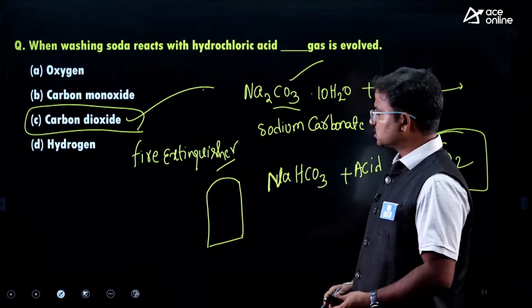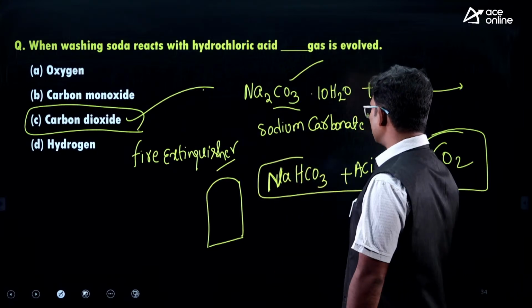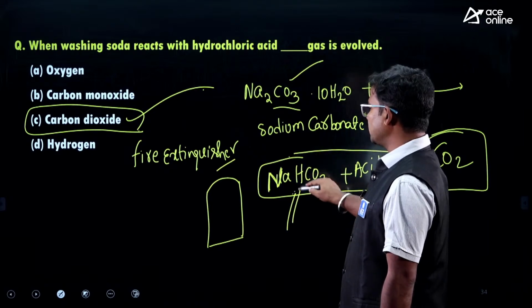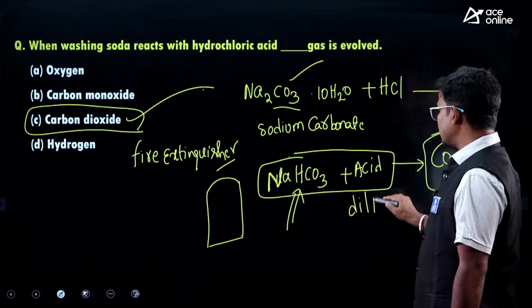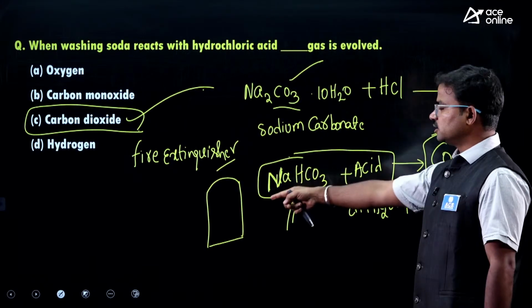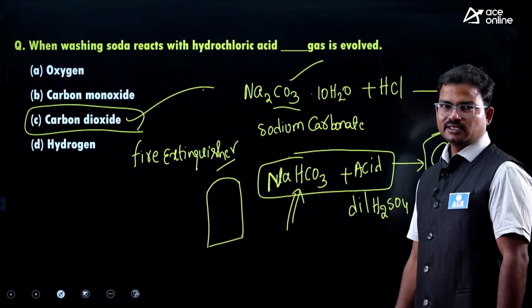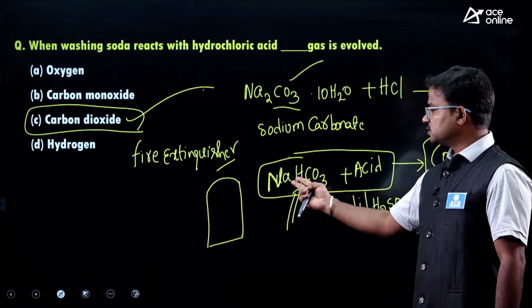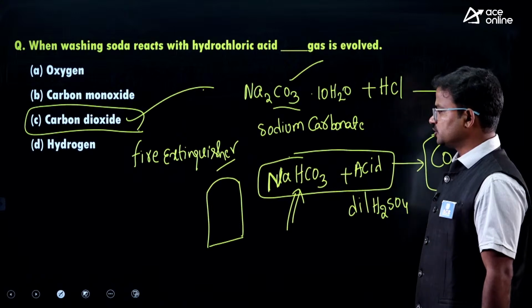So in those fire extinguisher devices, what kind of chemical composition mostly exists? Sodium bicarbonate along with dilute acid, nothing but dilute sulfuric acid. In those cylinders we are not directly using carbon dioxide, but it is produced from this type of composition.